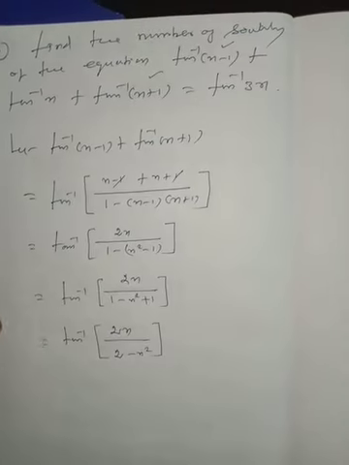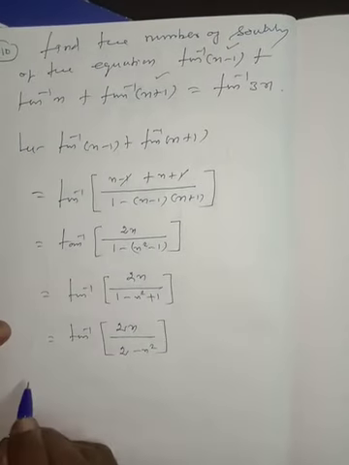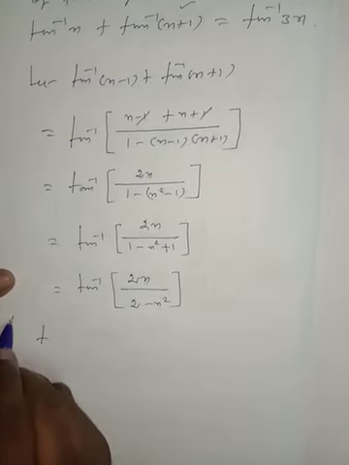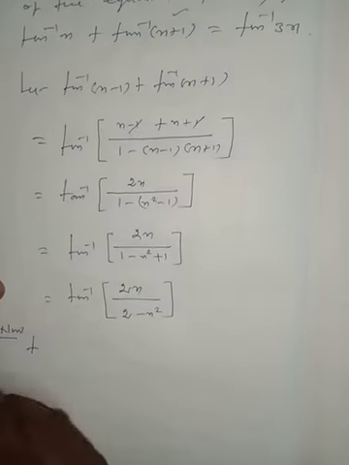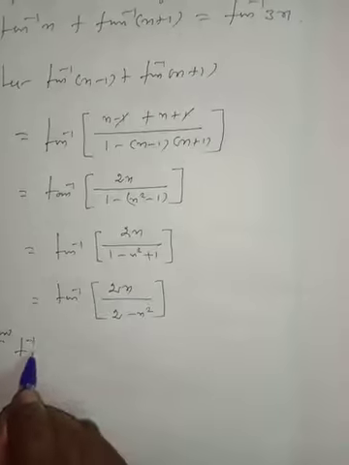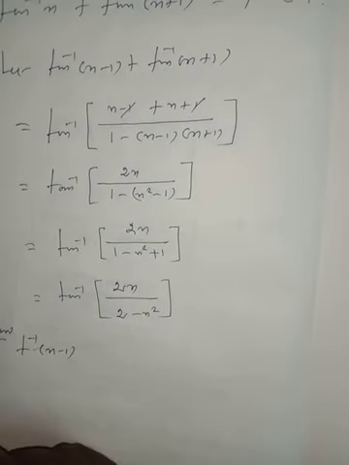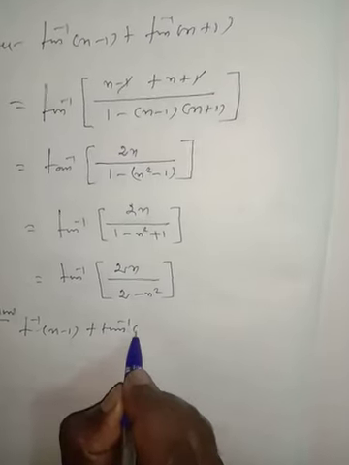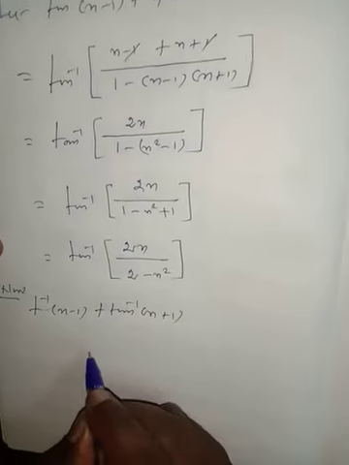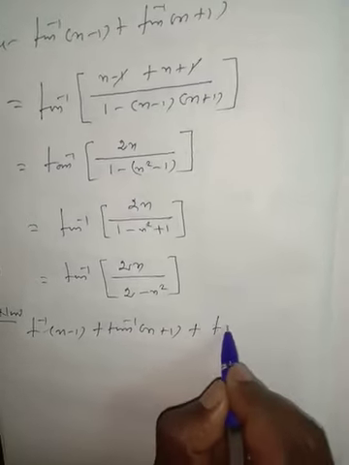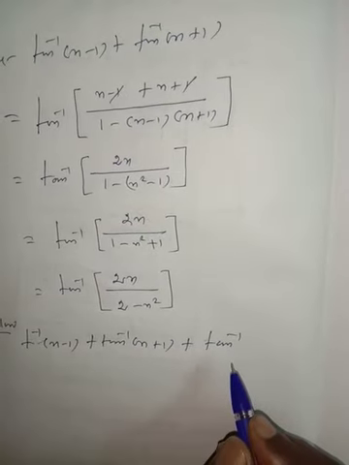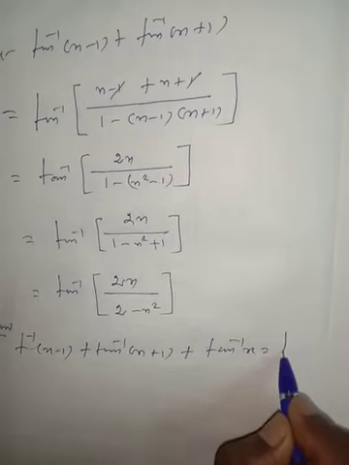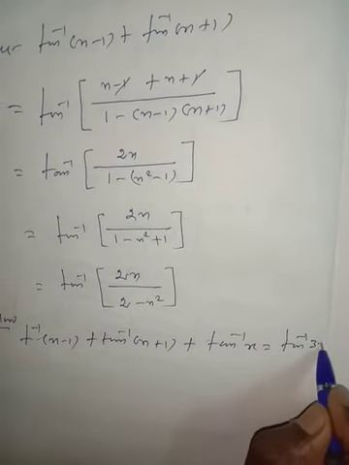Now we have to take all these things. So left hand side, tan inverse of x minus 1 plus tan inverse of x plus 1 plus tan inverse of x is equal to tan inverse of 3x.